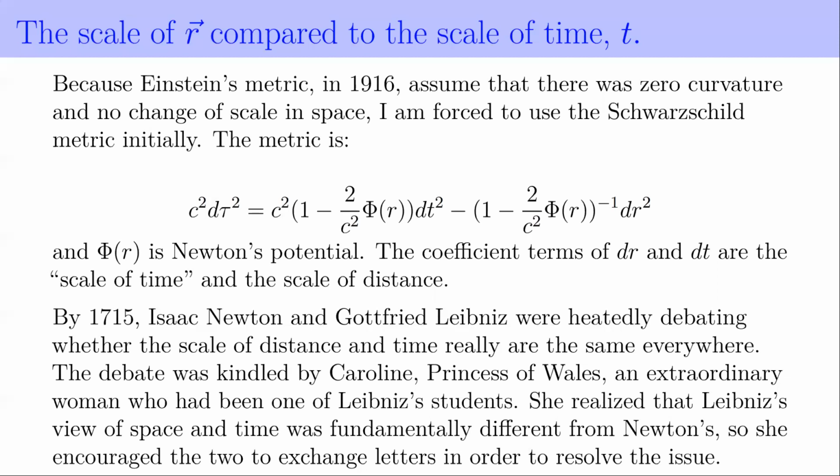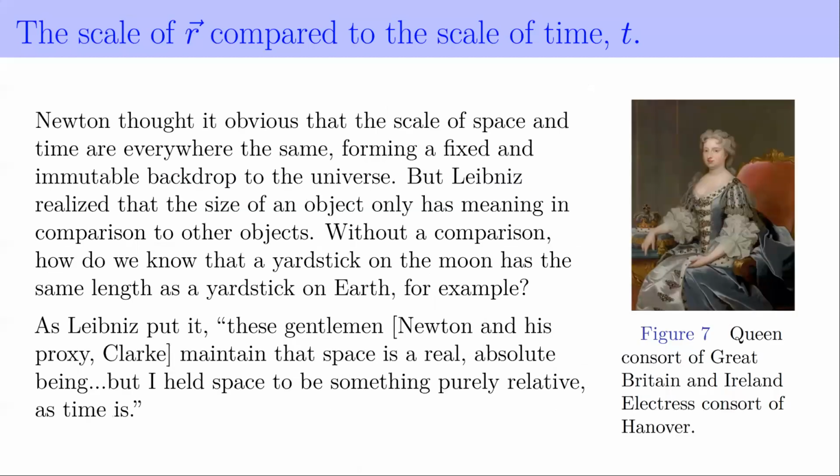The debate was kindled by the Princess of Wales, Caroline, an extraordinary woman who was one of Leibniz's students. She realized that Leibniz's view of space and time was fundamentally different from Newton's. So she encouraged the two to exchange letters to resolve the issue.